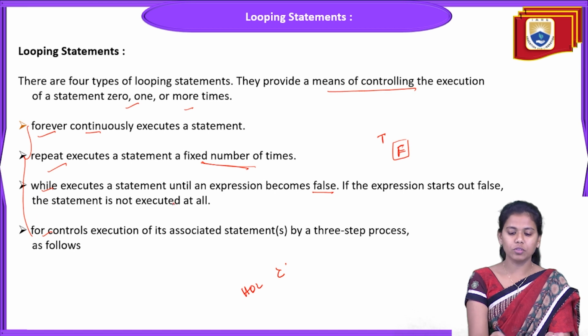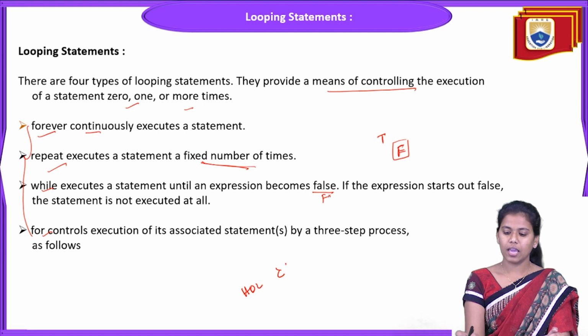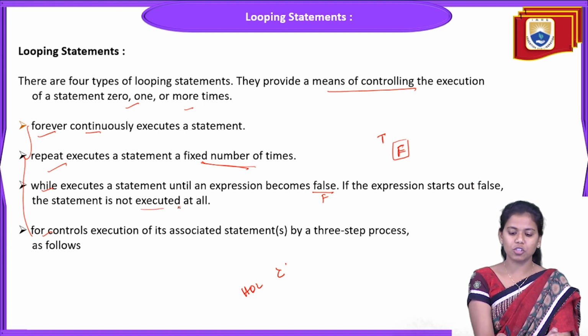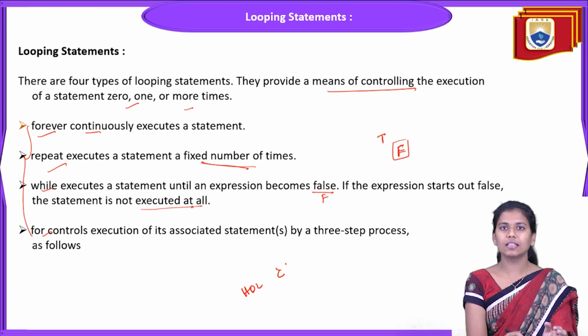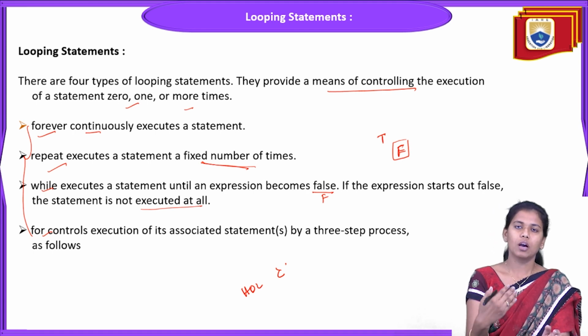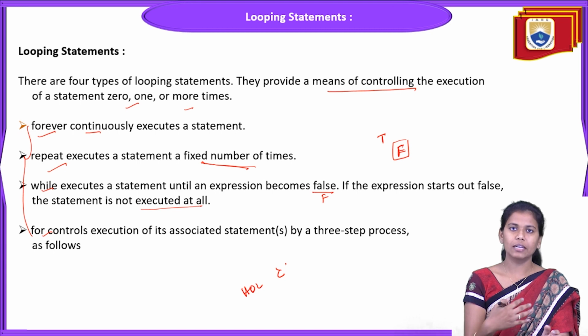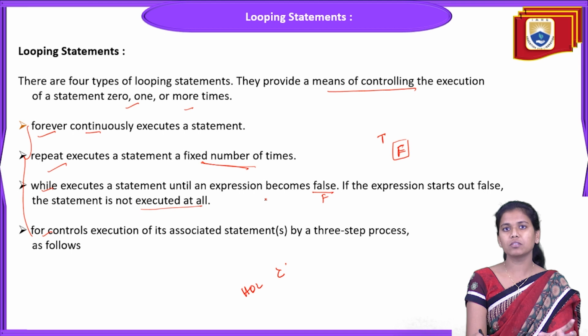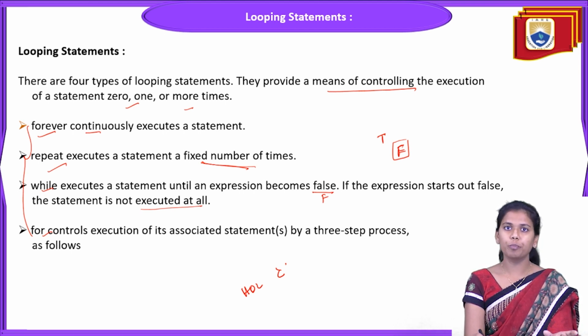The while executes a statement until an expression becomes false, and if the expression starts out false, the statement is not executed at all. Unless the condition is true, the while loop will not execute further.